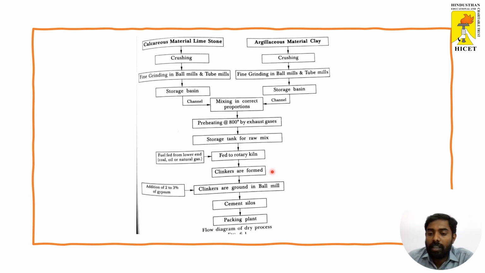In the kiln, the clinkers are formed, and by adding 2 to 3% of gypsum, the clinkers are ground in a ball mill, stored in cement silos, and then packed.